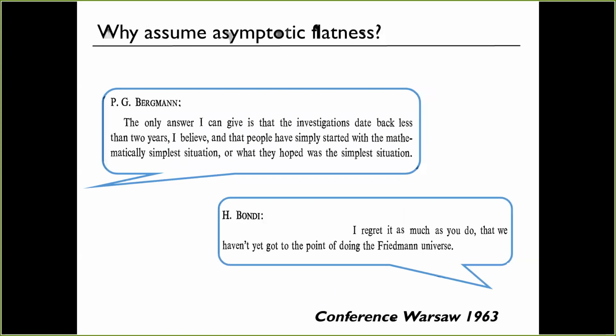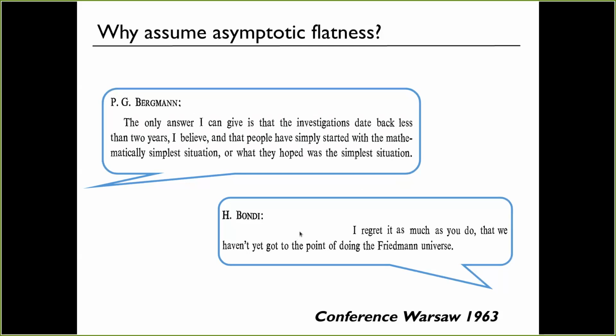That was a question already asked by Weber, I believe, at a conference in Warsaw in 1963. I looked at the conference proceedings and found this nice answer by Bergmann, who said the following: the only answer I could give is that the investigations date back less than 2 years, I believe, and people have just simply started with the mathematically simplest situation, or what they hoped was the simplest situation.